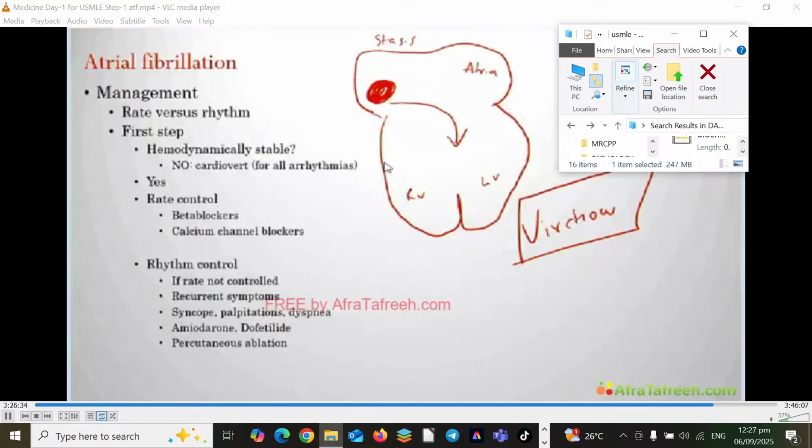What do you do if there is a thrombus? If the patient has had atrial fibrillation for more than 24 hours, you want to know how high is his chance to develop a thrombus.